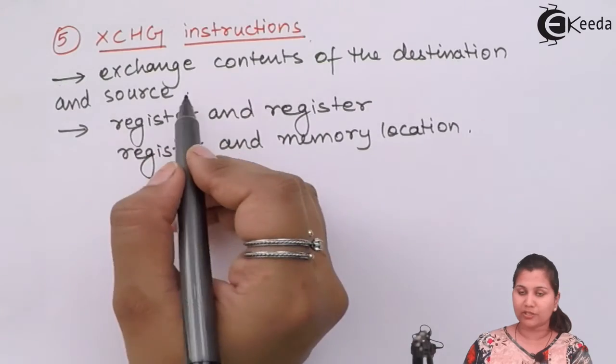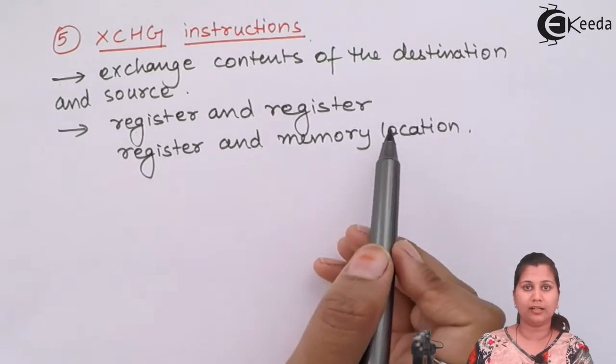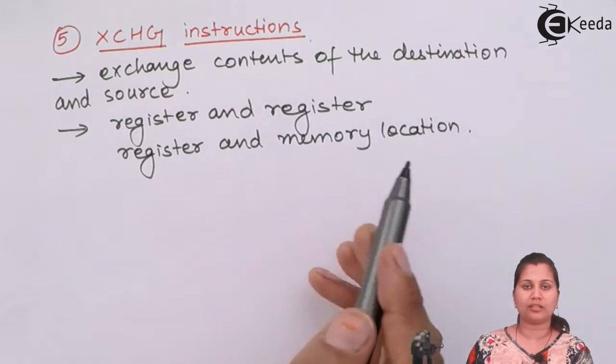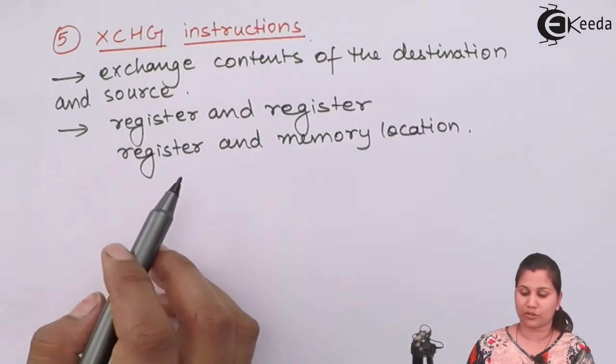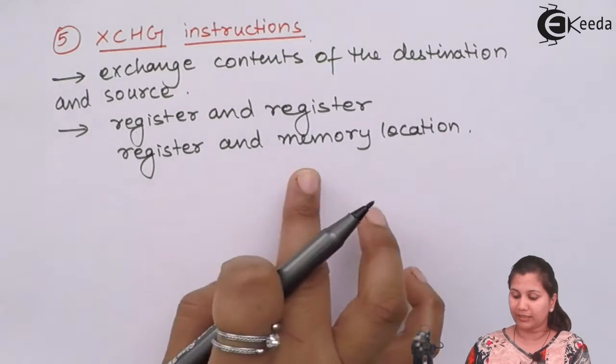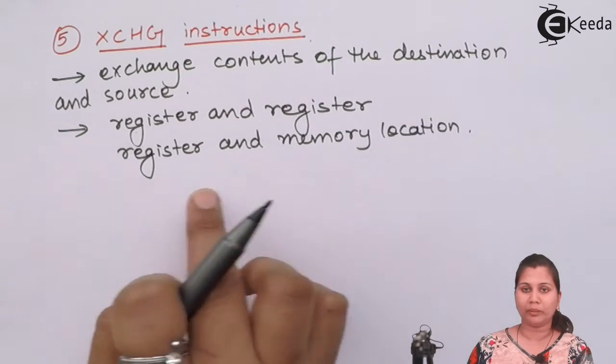Now here the destination and source can be register and register, and their contents can be exchanged, and register and memory location, their contents can also be exchanged. But the exchange instruction cannot exchange the contents of two memory locations. You can see here that for the source and destination, I have not written that it exchanges the contents between two memory locations.